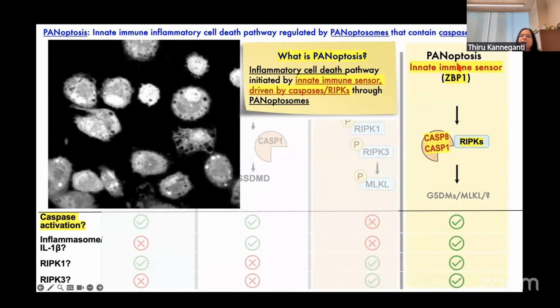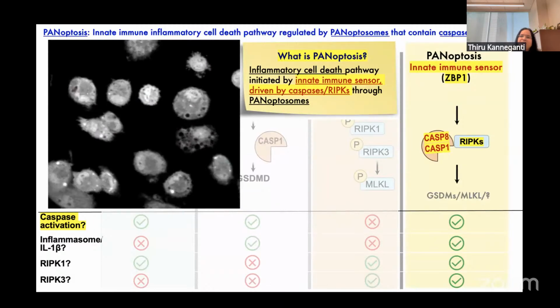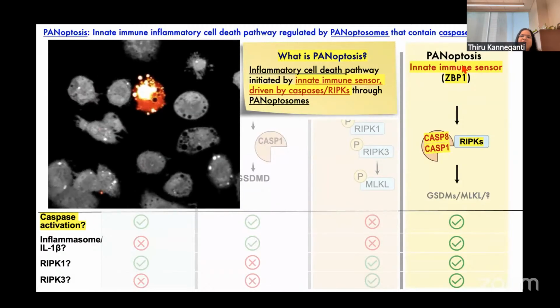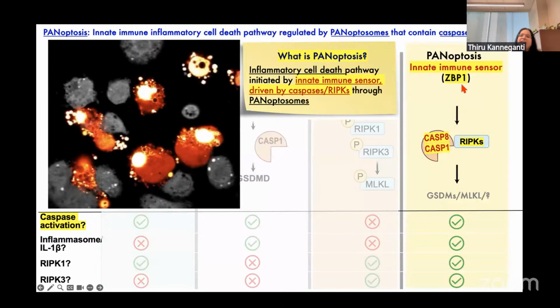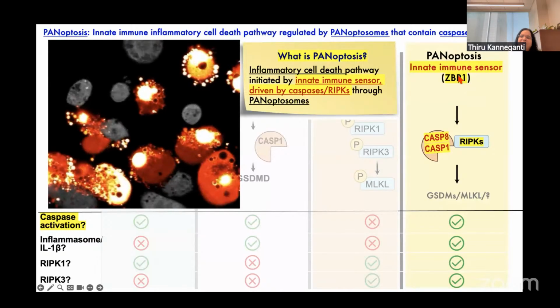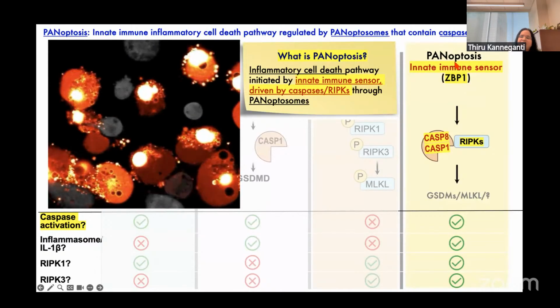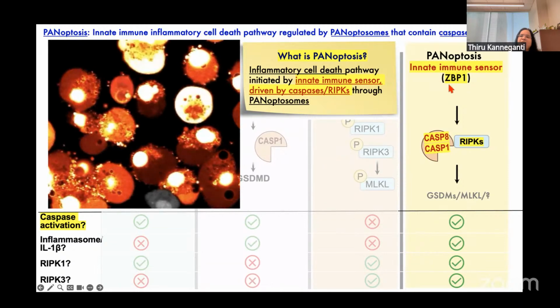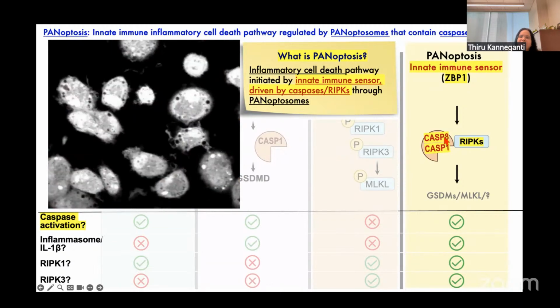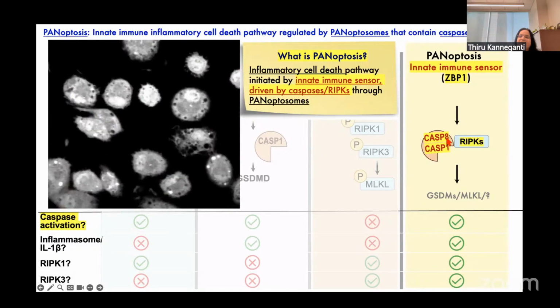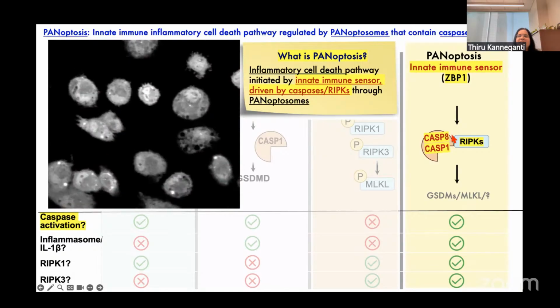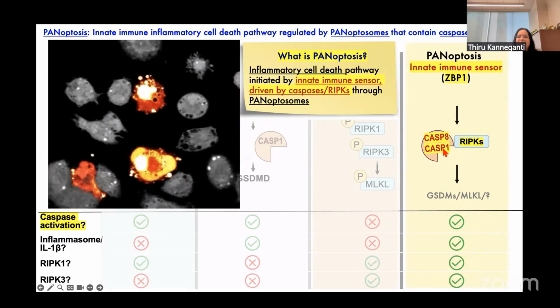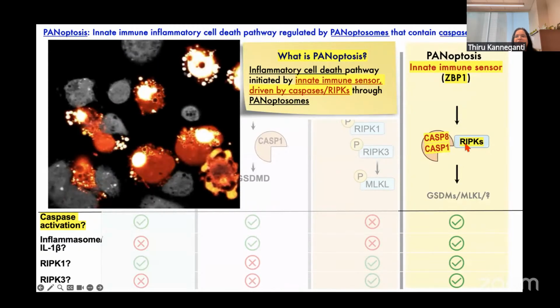So what is panoptosis? It is an innate immune inflammatory cell death pathway where an innate immune sensor like ZBP1 senses PAMPs or DAMPs or pathogens and nucleates a complex together with caspase-8. Caspase-8 is a key molecule that brings all the components like caspase-1, ASC, or RIPK3 into the complex.